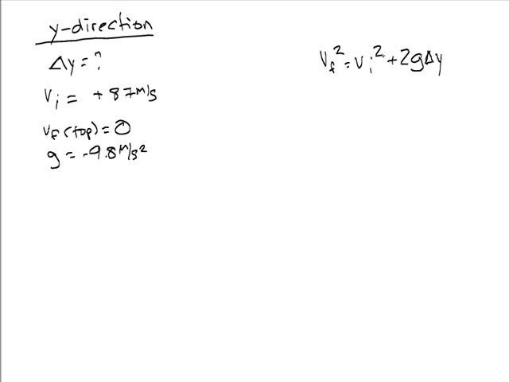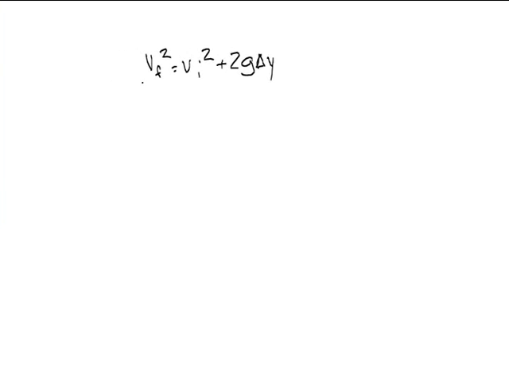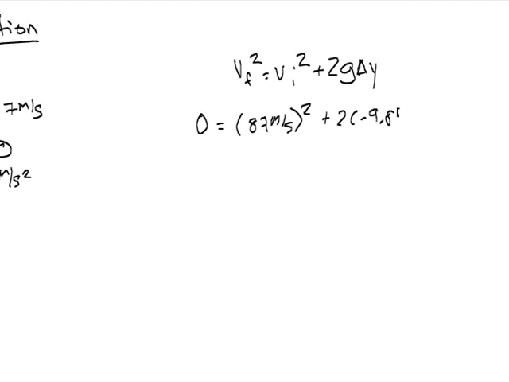The appropriate equation to use is Vf squared equals Vi squared plus 2g delta y. Plugging in, we get 0 equals 87 meters per second squared plus 2 times negative 9.8 meters per second squared times delta y.